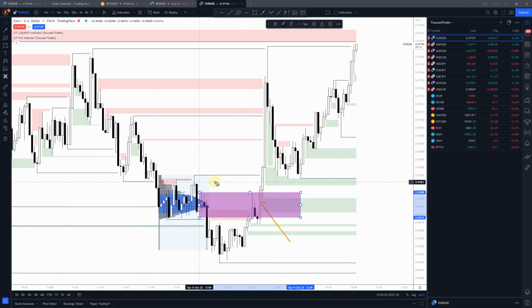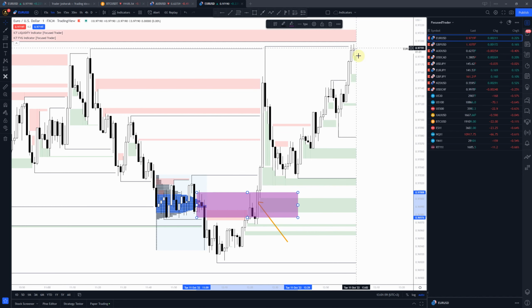So as you can see, this candle after our entry sort of tested this value area high and continued to the upside. So that's what happens, and price is starting to consolidate there. So maybe we will make some sort of pullback and gain some strength, and then go to the upside.